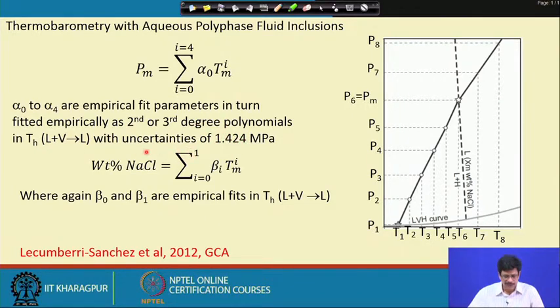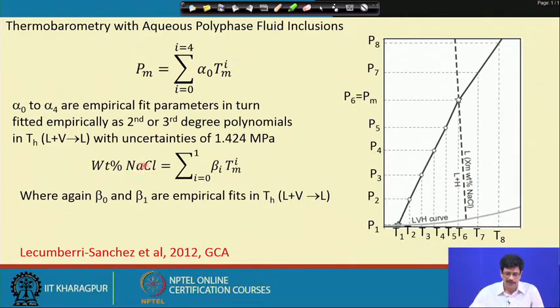These authors have also given a revised method, like the one we discussed before, for the salinity of an aqueous inclusion homogenizing by disappearance of halite, where the salinity could be calculated from the temperature of disappearance of halite, or melting of the halite, as a second degree polynomial in temperature, with an equation almost like A0 plus A1 Ts plus A2 Ts square, and so on.